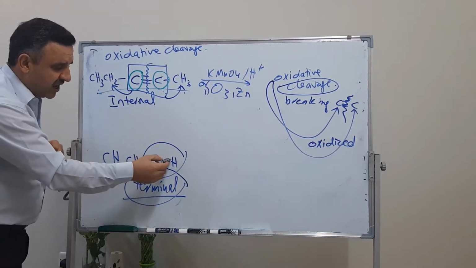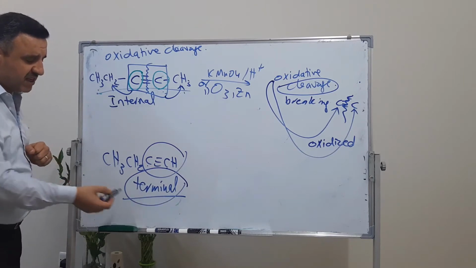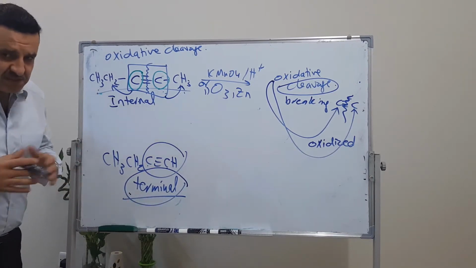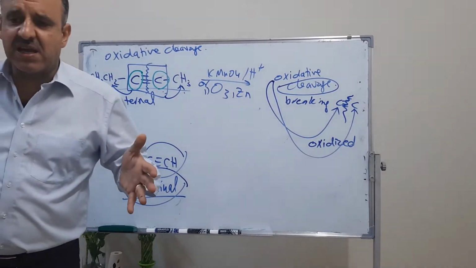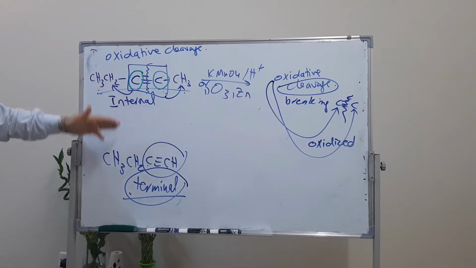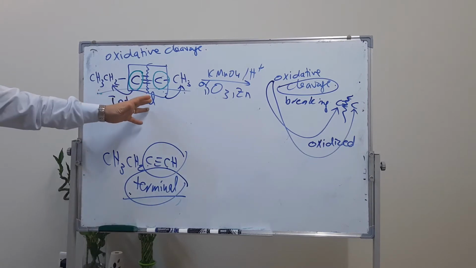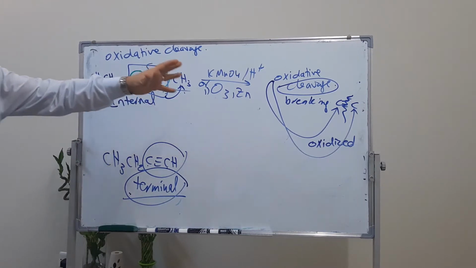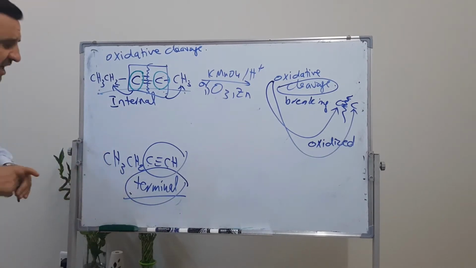In other words, we have a hydrogen attached to the carbon triple bond carbon. In this case, we call it terminal. These are the two cases of the alkyne. So whatever the alkyne is, it must be either internal or terminal. So this reaction depends on what type of alkyne we are using. If it is internal, it will give us certain products. If it is terminal, it will give us another product.